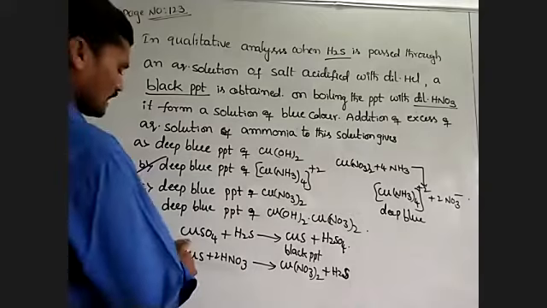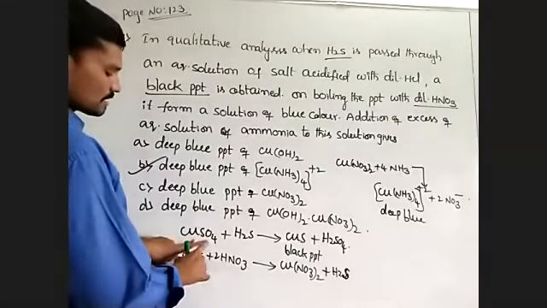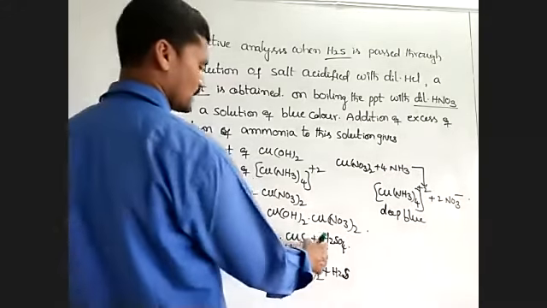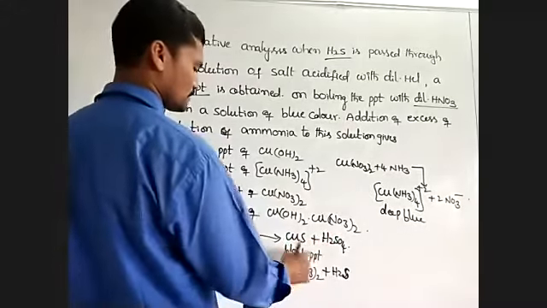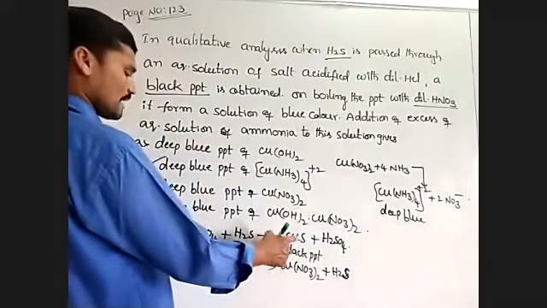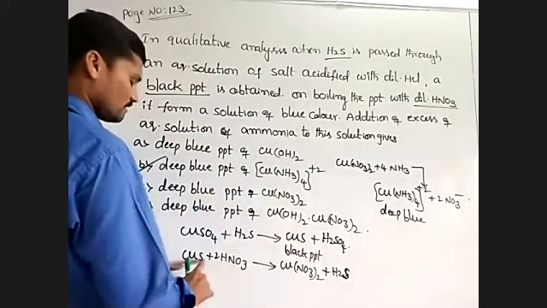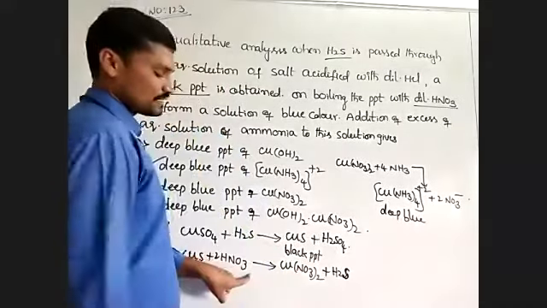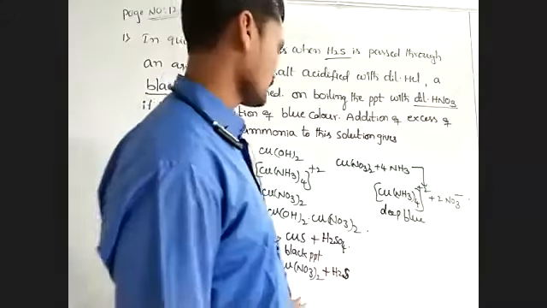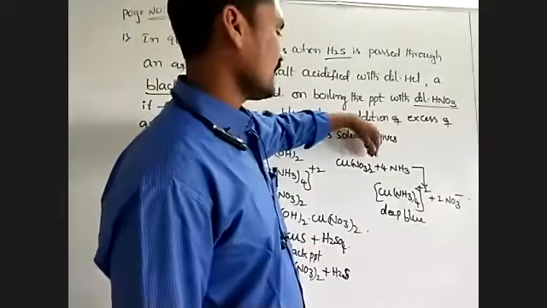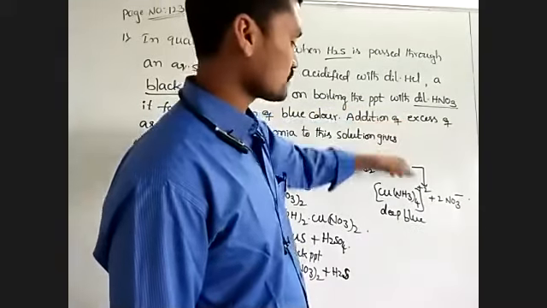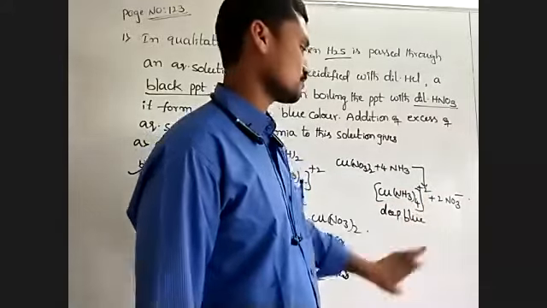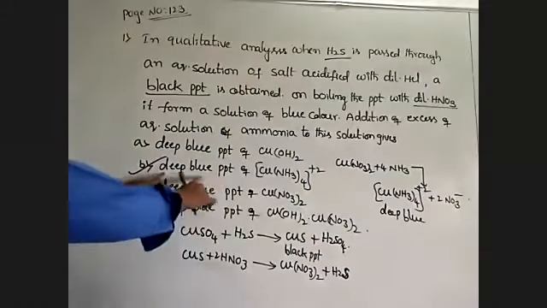First of all, copper sulfate salt combines with hydrogen sulfide. It forms copper sulfide and sulfuric acid. This is a black color precipitate, cupric sulfide. When it combines with nitric acid, it forms copper nitrate, a blue solution. This copper nitrate again combines with ammonia. It forms tetraamine copper 2 ion, which is a deep blue color solution. So option B is the correct one.